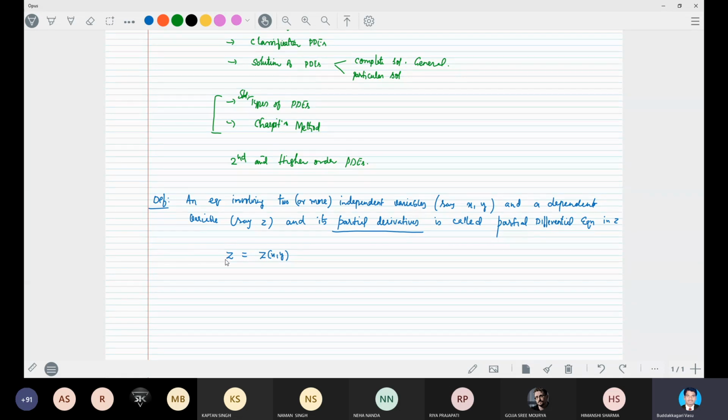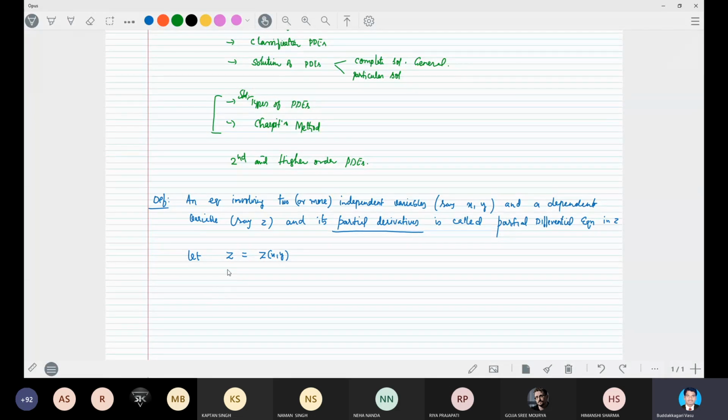This is the function: one dependent variable, two independent variables. Now, an equation involving partial derivatives of z, where z is the dependent variable and x and y are the two independent variables, is called a partial differential equation.